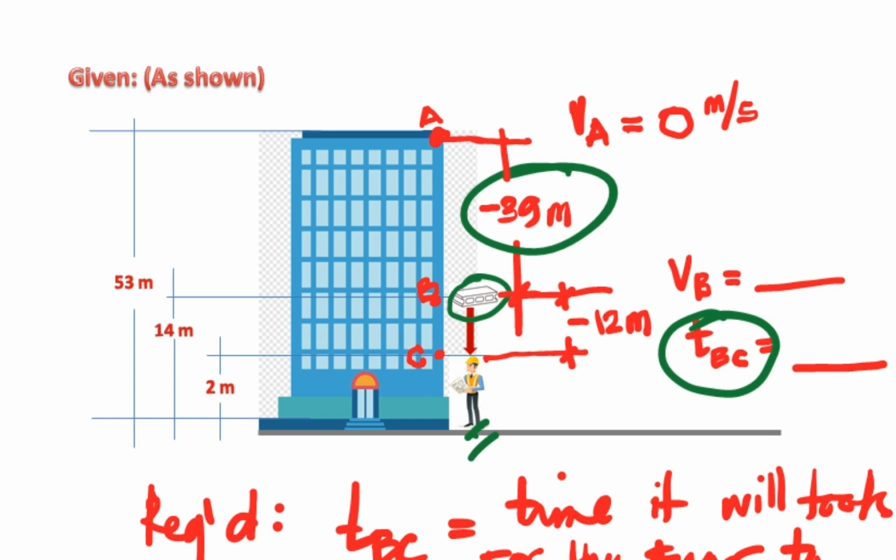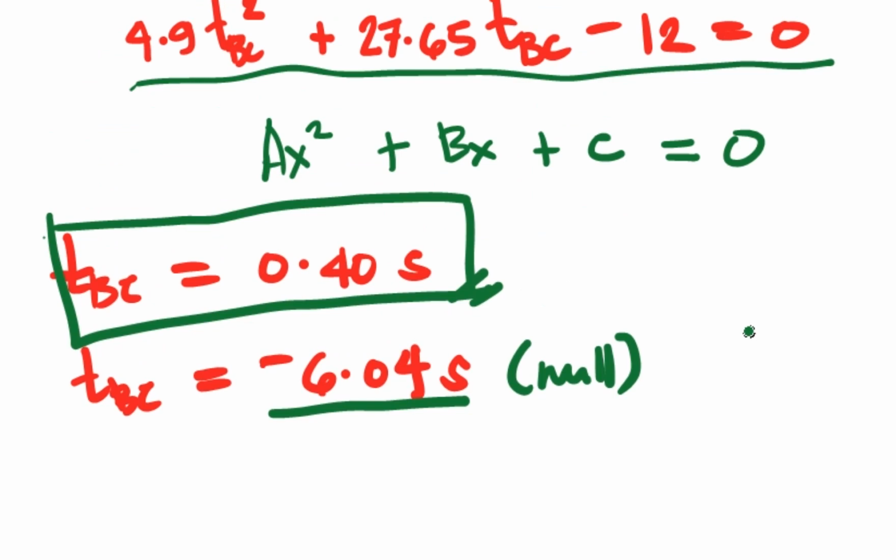So this is quite a long solution, a quite challenging one, but as you continue to study more and practice more problems, encountering this kind of problems, it will be much easier for you to understand and analyze problems such as this. So our answer for this problem is 0.40 seconds.